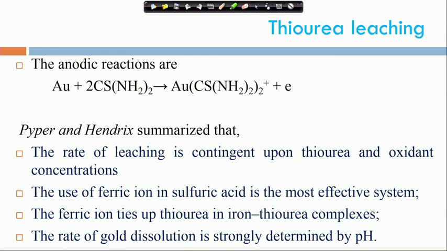The ferric ion acts as the electron acceptor, and then the ferric ion ties up with thiourea, forming an iron thiourea complex, also depending on the pH condition. So pH is also important. If you are trying to set up thiourea leaching of gold from electronic waste, you need to look at iron, sulfuric acid, maintaining the pH, and of course thiourea. Those are the things you need to get the leaching process done.